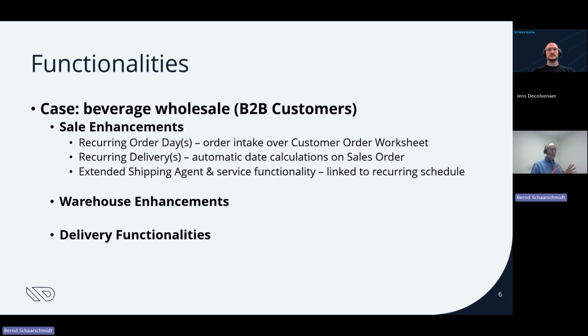So we will see that in a moment, and everything is, I would say, linked to the shipping agent and service, which is standard Business Central functionality. So we extended that capability to link everything together and to do a setup on the customer. And then we will use that information for an optimized backorder process for the order intake.